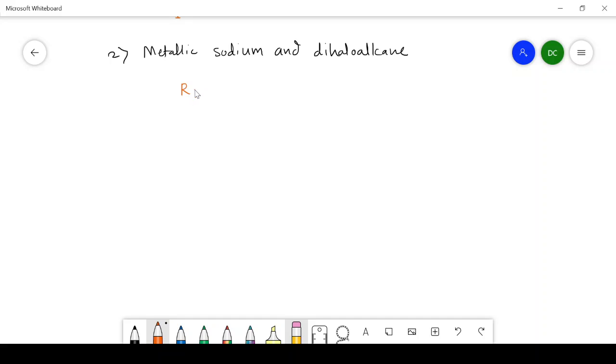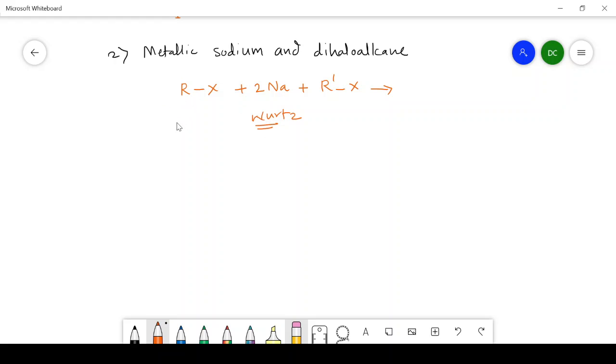Here I will write RX plus 2Na plus R'X. This is the famous reaction that you have studied in the previous standard, and this reaction is known as the Wurtz reaction.